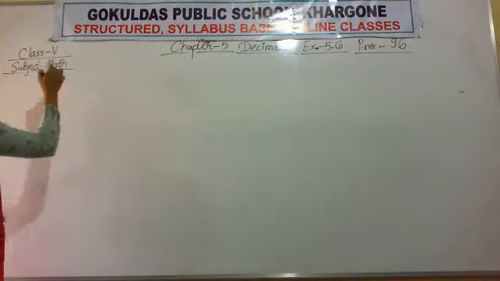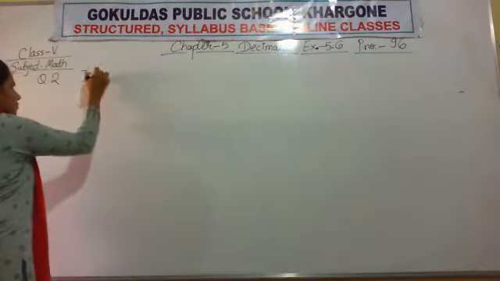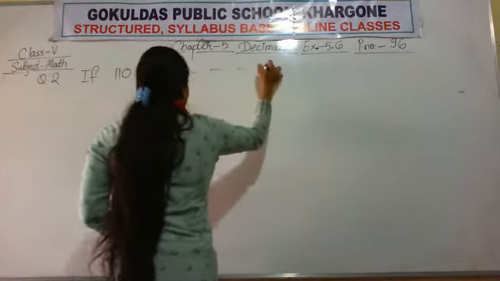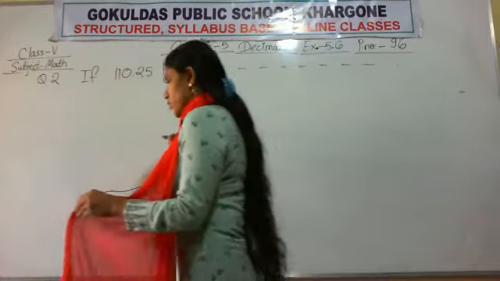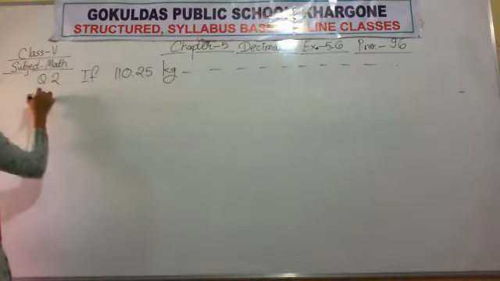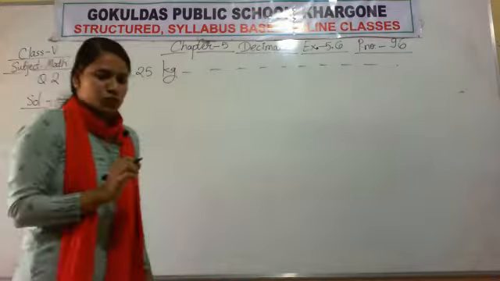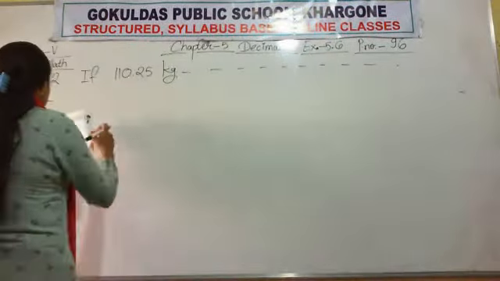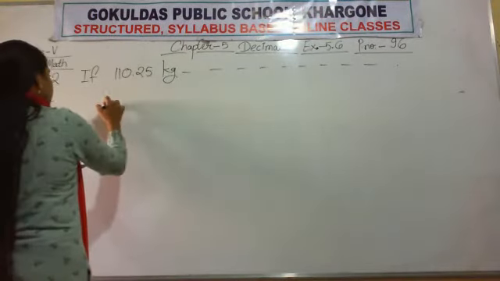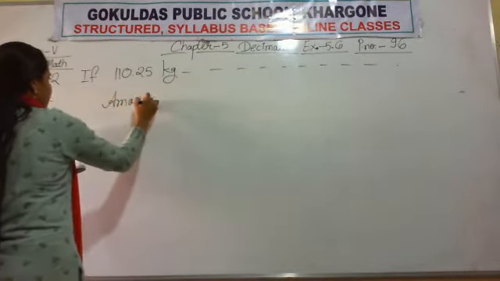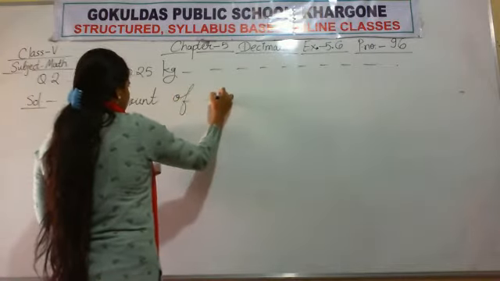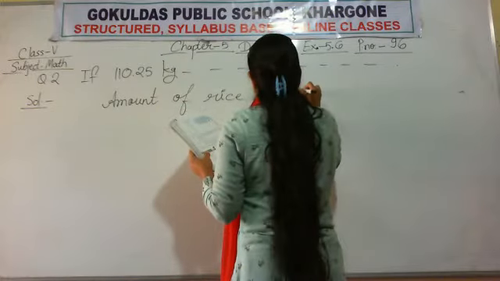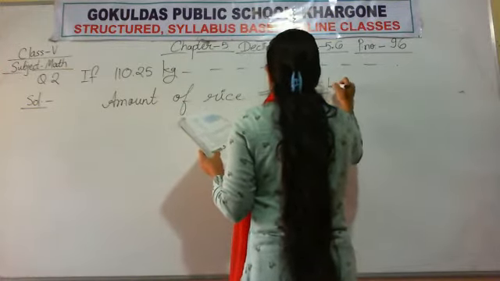Question 2. First of all, write all the things which are given in your question, all the data which is useful to solve our question. Amount of rice is 110.25 kg.